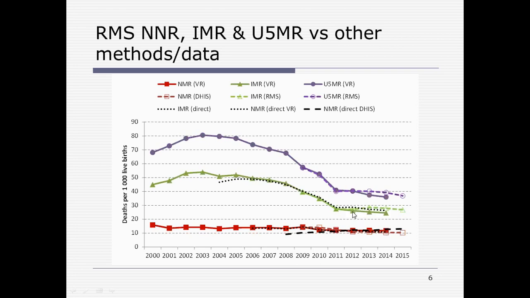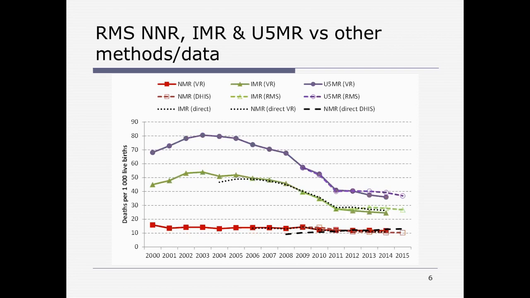And you'll see right up to 2011, they match very well. So it was a very good predictor of your vital registration over time. And then in the recent years, the vital registration data are less complete than the population register, in part because of late registrations that are still to come through. So the population register is probably giving us better estimates now than the vital registration because of both the late registration and the drop in completeness.